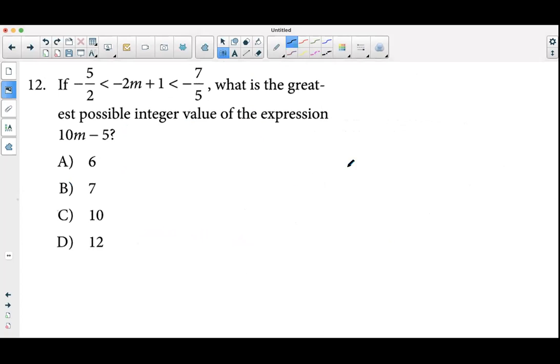So we've been looking at the inequalities with the three variables, right? I mean, three sides.